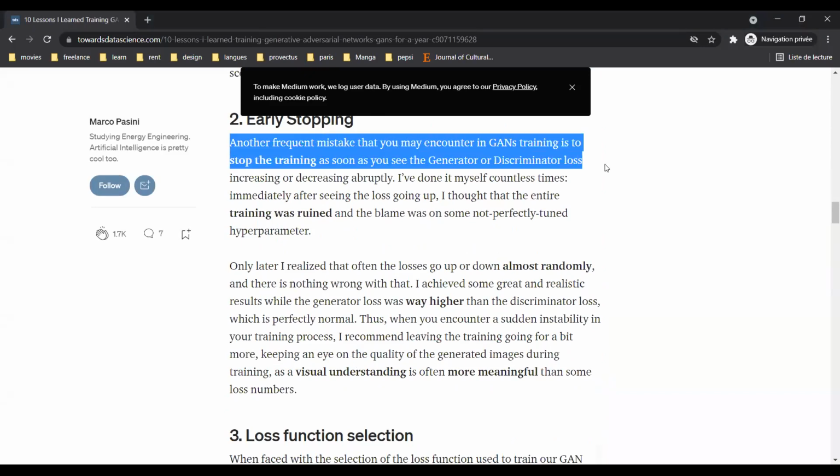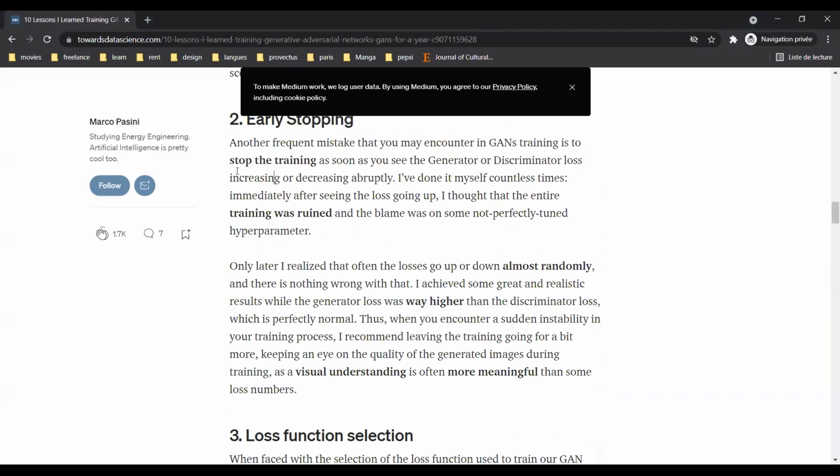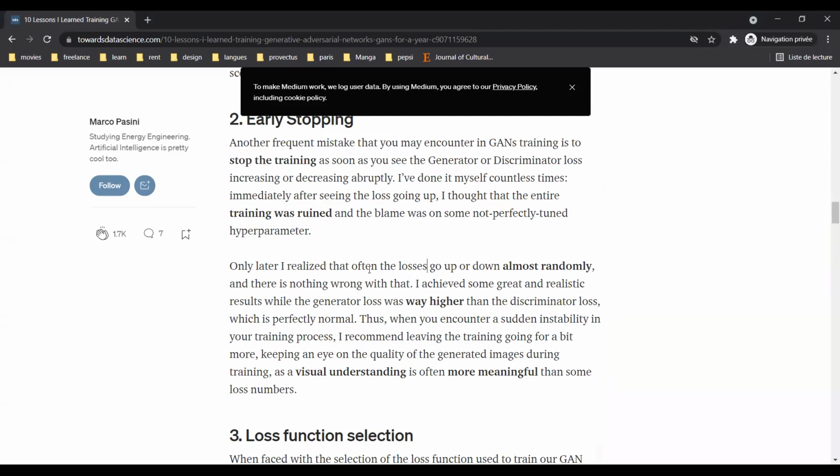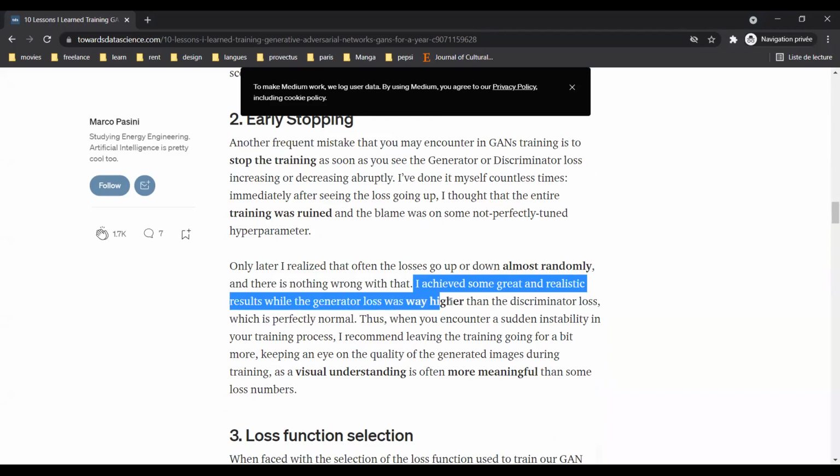Another frequent mistake you may encounter in GANs training is to stop the training as soon as the generator or the discriminator loss is increasing or decreasing abruptly. Often the losses go up and down almost randomly, and there is nothing wrong with that. I achieved some great realistic results while the generator loss was way higher than the discriminator loss, which is perfectly normal.